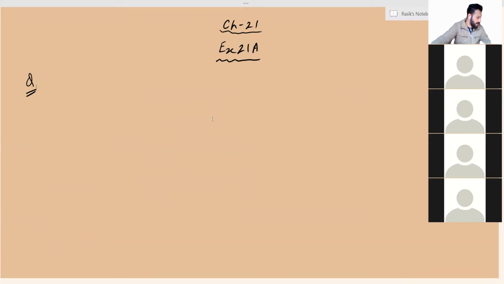First, mean of first six multiples of 5. So 5, 10, 15, 20, 25, 30. The sum will be 105 divided by 6. Answer 17.5.